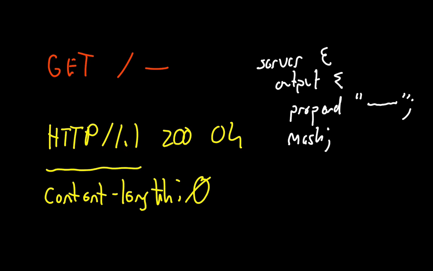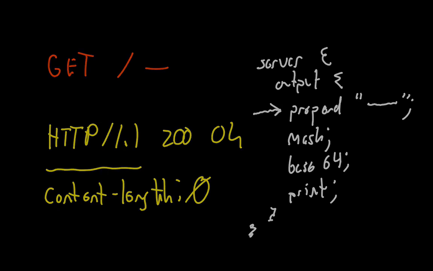And if you don't want something that looks like a binary mess, you can transform it with something like base64 to base64 encode it, and you can continue to decorate from there. But the point is make sure that your server output block is working with something, even when there is no data, no output to send in the case of HTTP post, or there's no output to send when there's an HTTP GET block being evaluated and there's no taskings. And so prepend is the way you can do that.